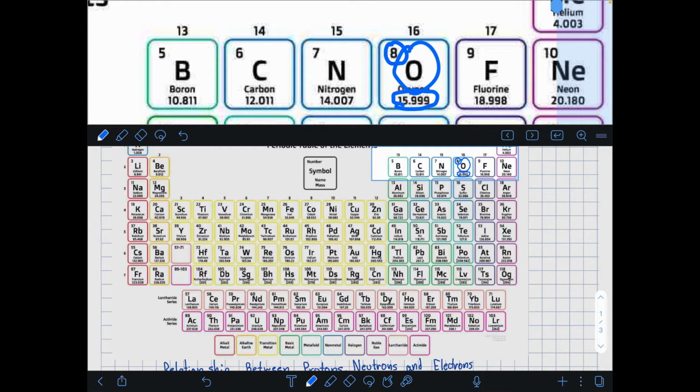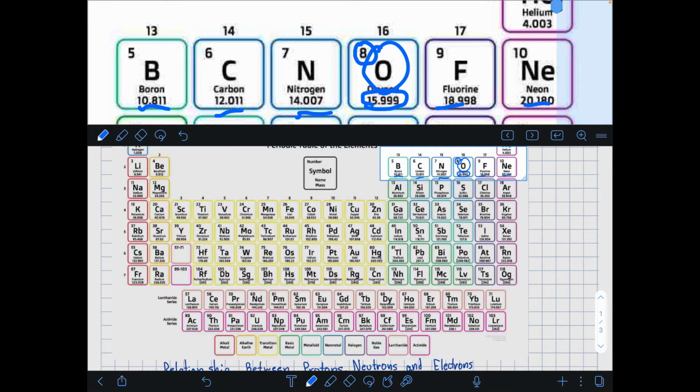Your mass number is kind of a rough number here, and for most elements it is. But you can really just round it to the nearest whole number, which is what you usually do. There's no point in not having a whole number. So just round it to your nearest whole number.